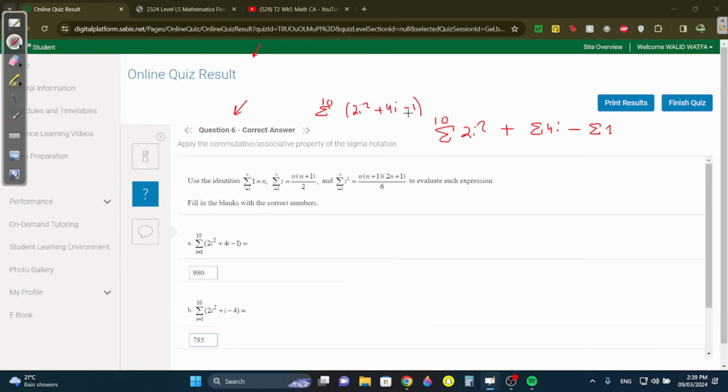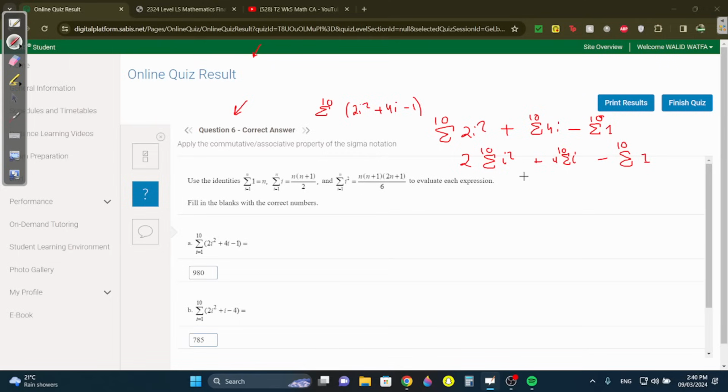You know why minus 1? Because it's minus. And these are all up till 10. Can we further simplify this? Yes, we can. We can take this 2 out. So it will be 2 sigma i squared up until 10 plus 4 sigma i up until 10 minus sigma 1.